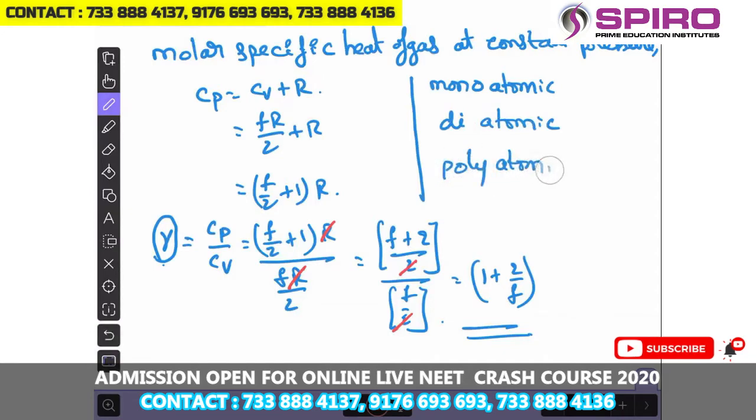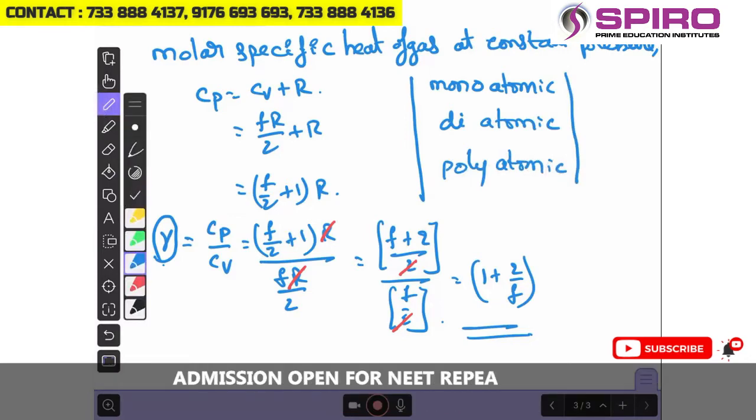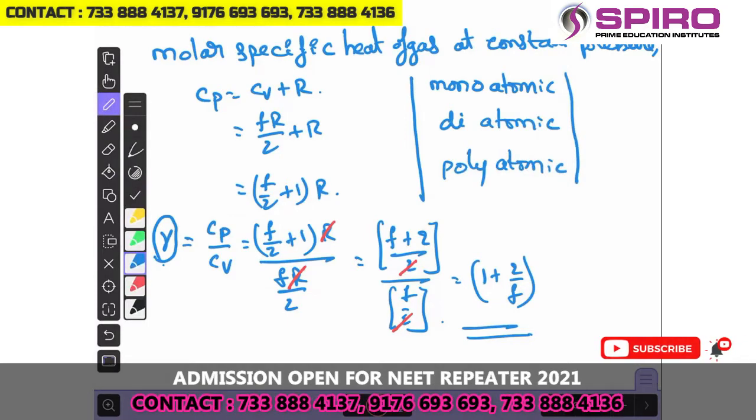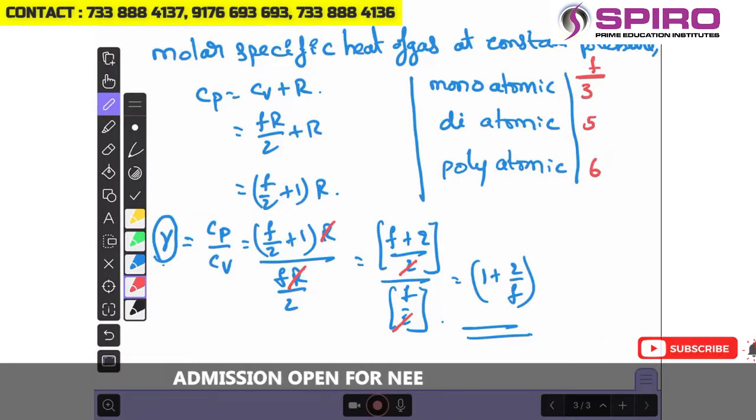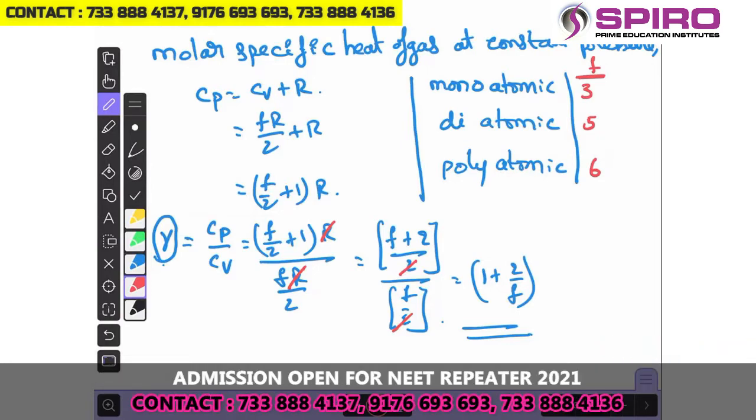Then for these gases, what is the value of the degree of freedom? The degree of freedom for monoatomic gas is 3, for diatomic gas it will be 5, and for polyatomic gas it will be 6. F is called the degree of freedom.